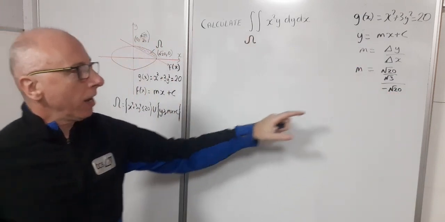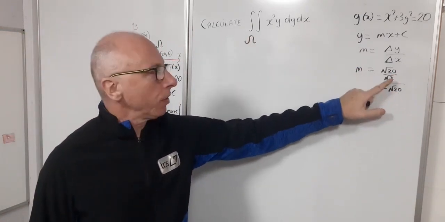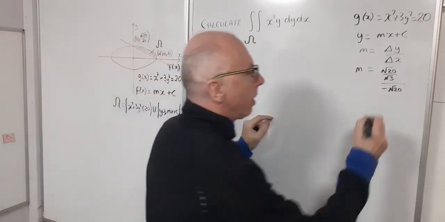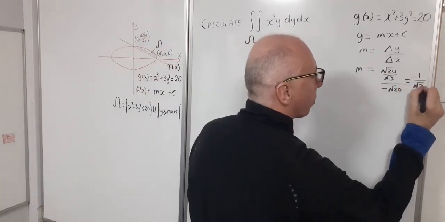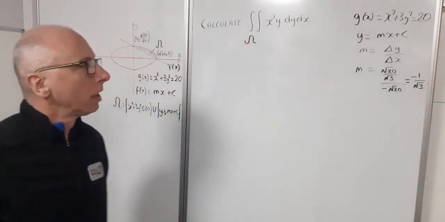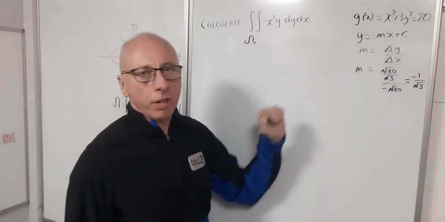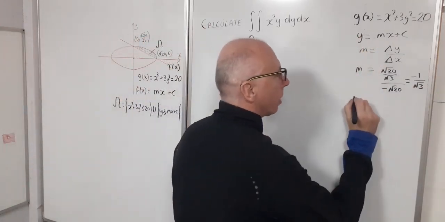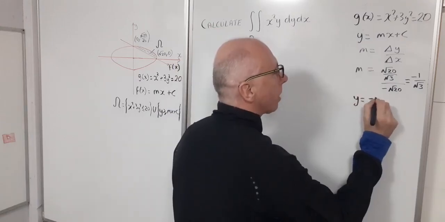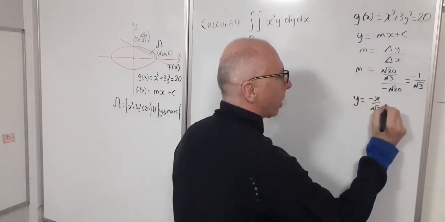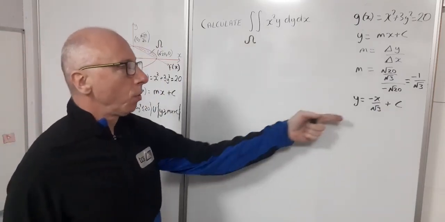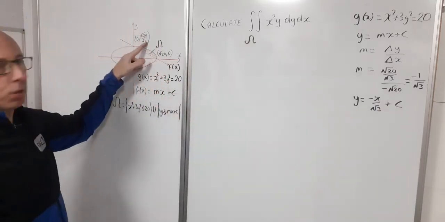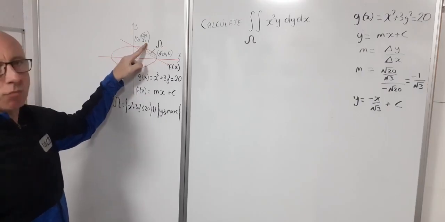Well, if we simplify that off, the root 20s will cancel out, the root 3 will go in the denominator. Obviously we've got a minus sign there, so we've got minus 1 over root 3. So that's our m value. So plug that into our equation and let's see what we've got. So y equals minus x over root 3 plus c. Now if x equals 0, y is root 20 over root 3.